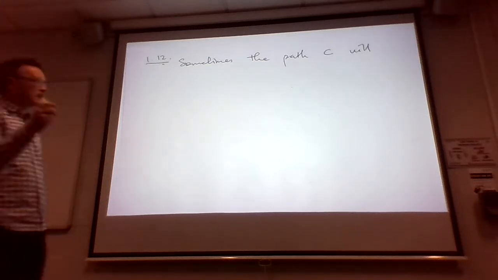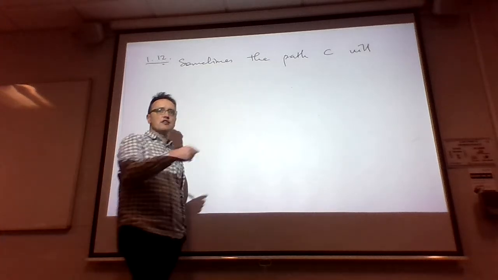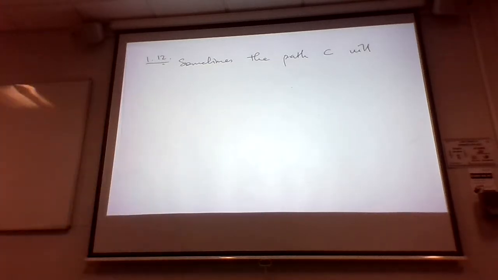Okay, in one example, we were integrating along a curve defined by the equation y equals x squared. In the other examples, we were integrating along straight line segments parallel to the x and y axes. Again, that's very easy to describe in terms of the behavior of x and y. If you're parallel to one of the axes, one of the variables is fixed, and the other one changes.